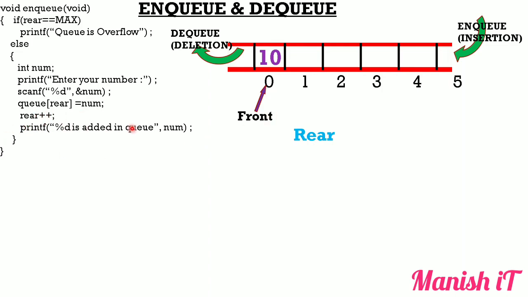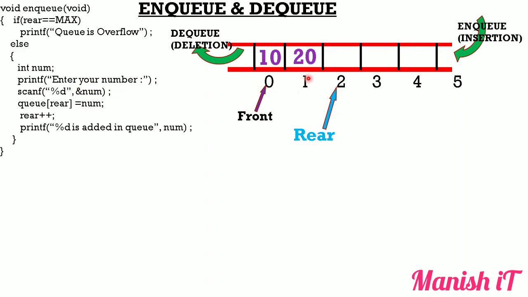After incrementing, it points to the second location, that is index number 1. Once again the user wants to enter some value, suppose the user enters 20. Every time, all these conditions are checked by the compiler. It stores that value, and rear is once again incremented and points to 2.